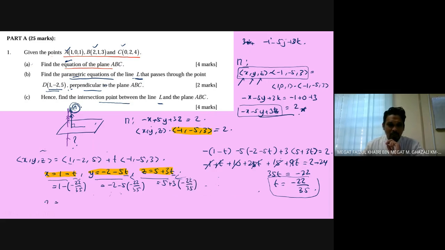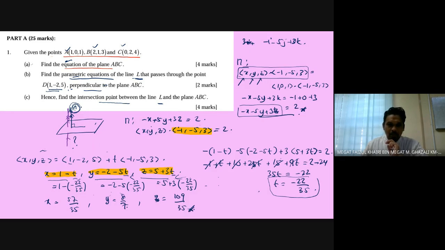So x equals 57 over 35, y equals 8 over 7, and z equals 109 divided by 35.